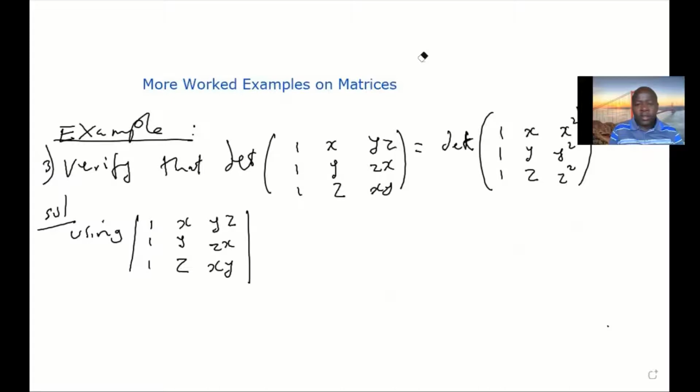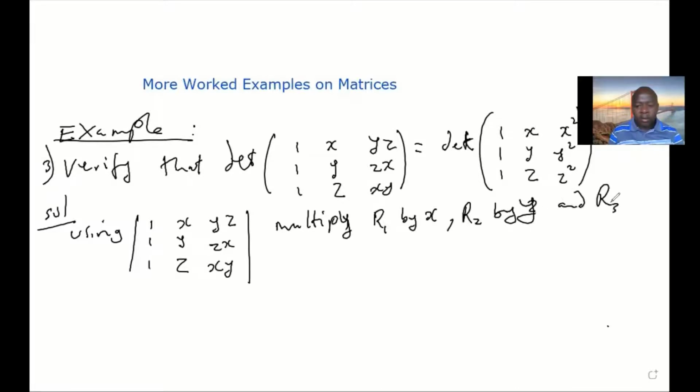So I've just said that I want to multiply row 1 by x, row 2 by y, and row 3 by z.